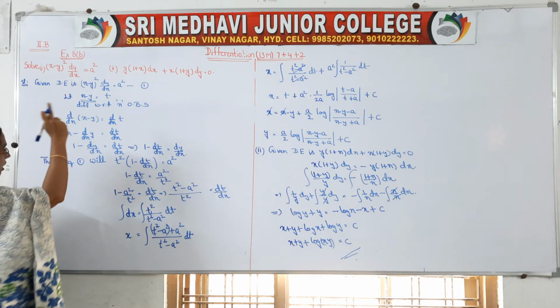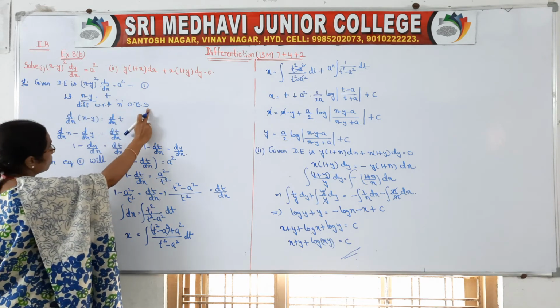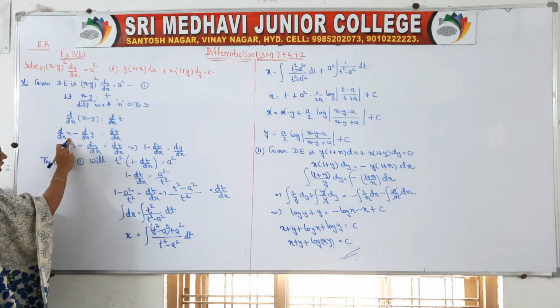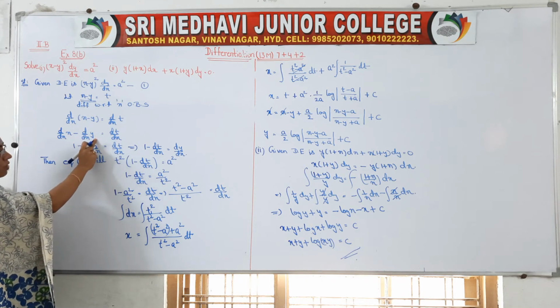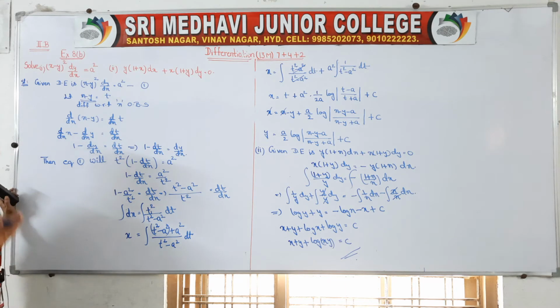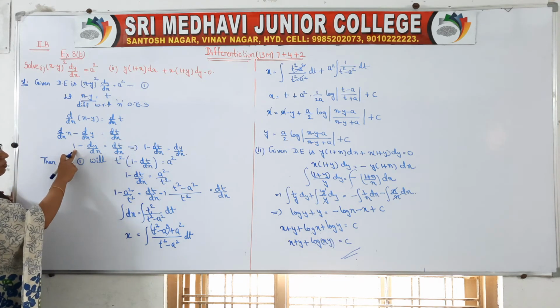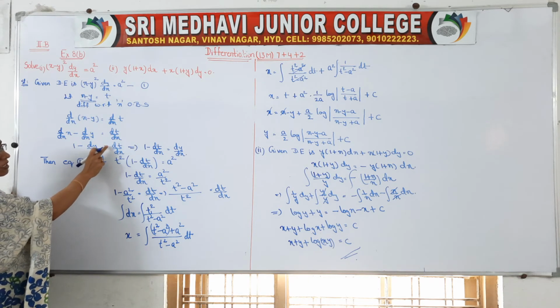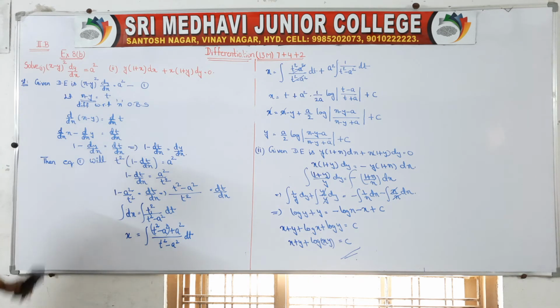Okay, so come on, differentiating with respect to x on both sides, d by dx of x minus d by dx of y. Whenever minus sign is there inside the derivative, we will take separate derivatives. Okay, so d by dx of x is 1 minus dy by dx is equal to dt by dx.